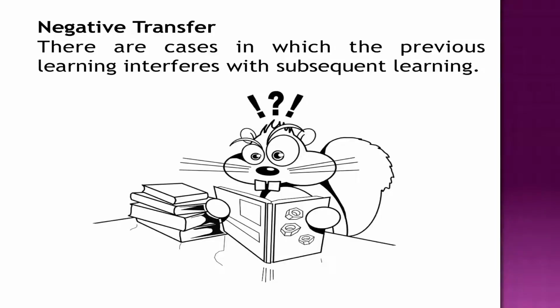Second is negative transfer. There are cases in which the previous learning interferes with the subsequent learning. In such cases, the carryover of the knowledge or experience in one task interferes with further learning. As a result of negative transfer, performance on one task may block performance on the subsequent task.